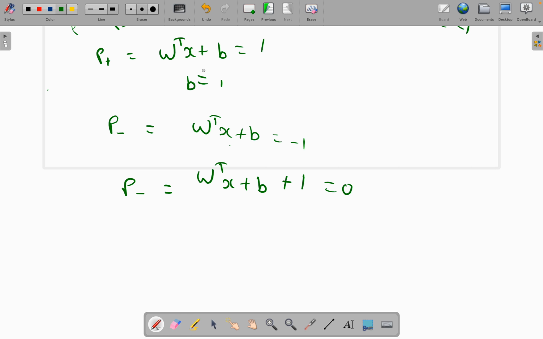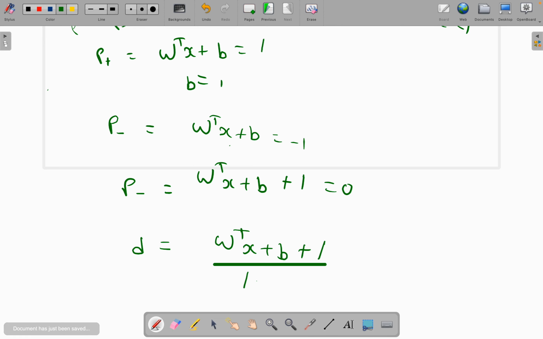Now I want to find the distance of the point where X is equal to 0 from this plane, right? So what would it be? We know the distance of a point from the plane, we can write it as W transpose X plus B plus 1. Here the formula of the plane is W transpose X plus B plus 1, which is nothing but P minus plane, divided by norm of W, right?